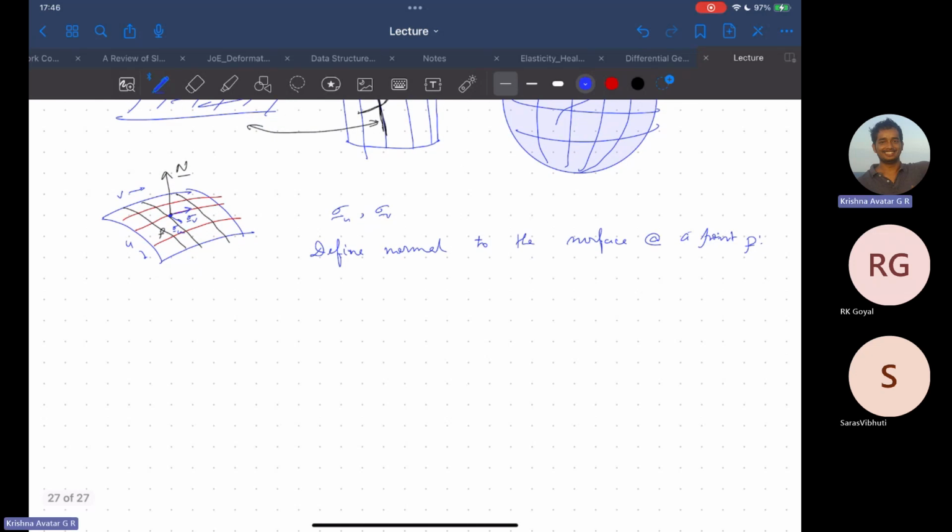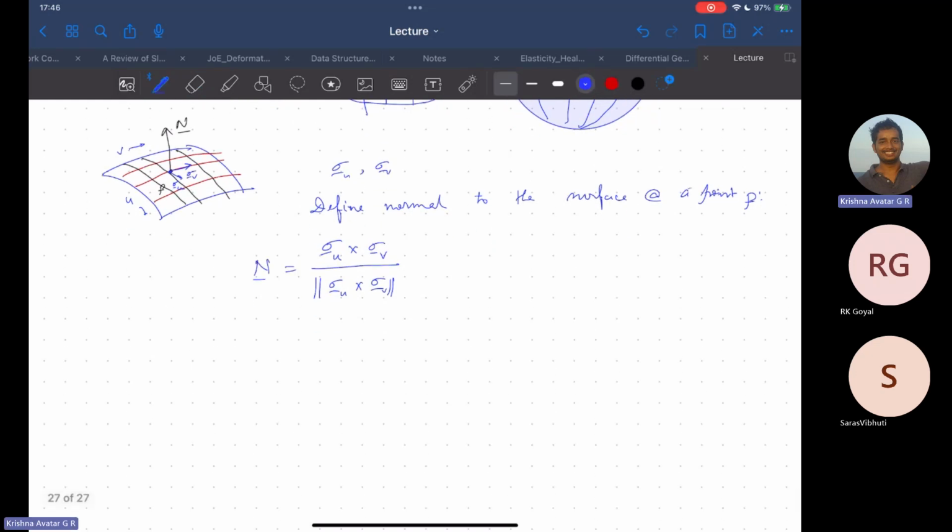Now, how do we define the normal? Sigma u cross sigma v is a vector that will always be perpendicular to both sigma u and sigma v. And we want the normal vector to always be of unit norm, so we just divide it by the magnitude of the same vector. And this we call the n vector.